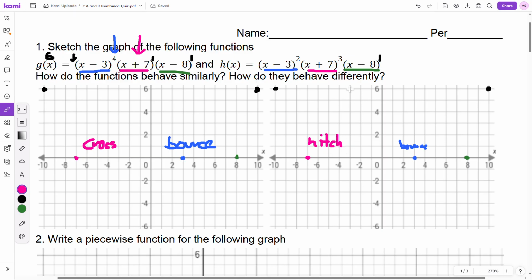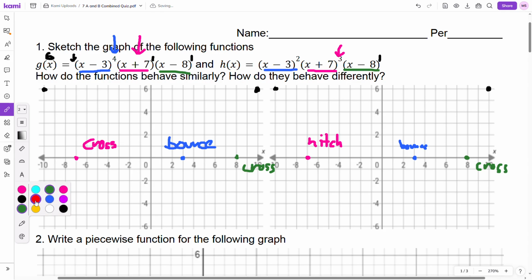Okay, the exponent is 3. This one right here, that's 3. So therefore, that's a hitch. And then for 8, both of them are just simple crosses. Okay, so for that green dot there, both of those are going to cross.